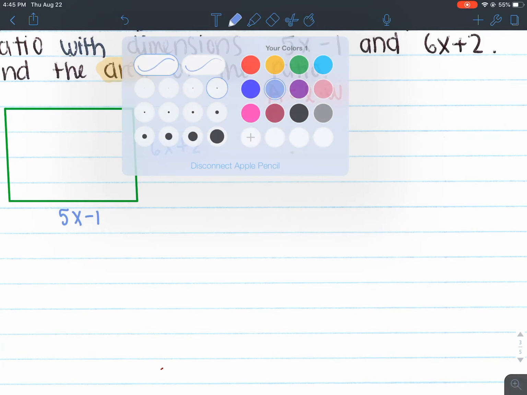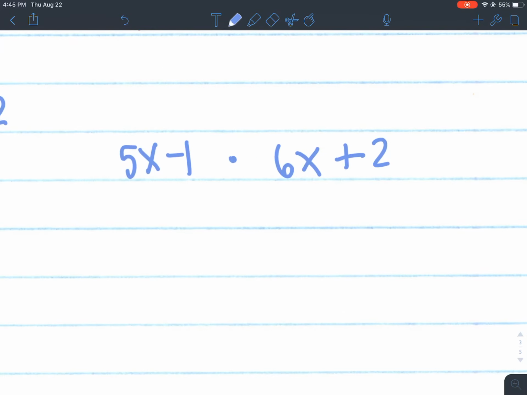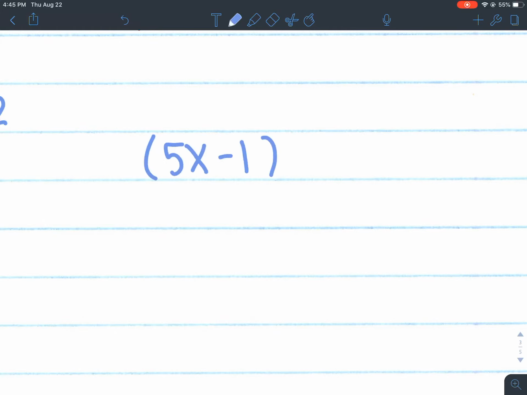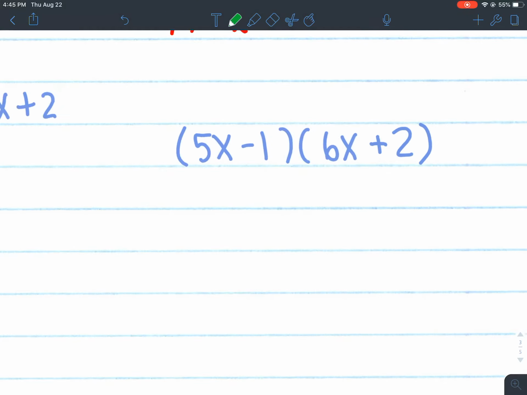Okay, let's multiply the length and the width together. We have 5x minus 1 times 6x plus 2. We're multiplying the length and the width. However, are we multiplying just negative 1 and 6x together? No. We're multiplying the entire length and width together. So you need parentheses. Make sure you have your parentheses, and now you can do the math.